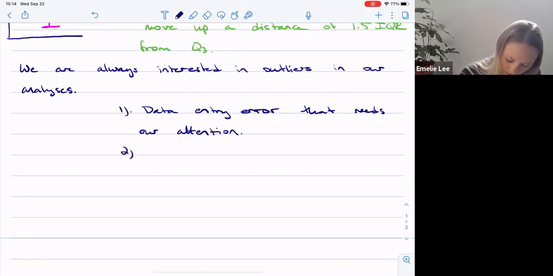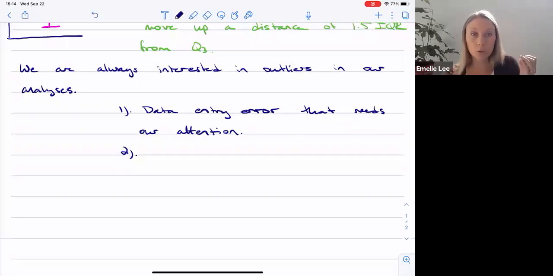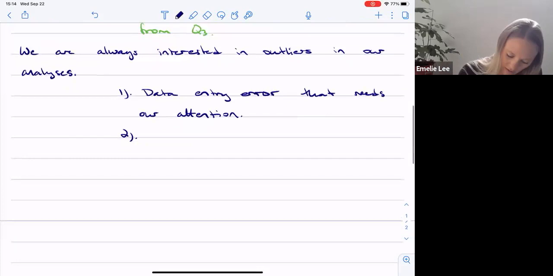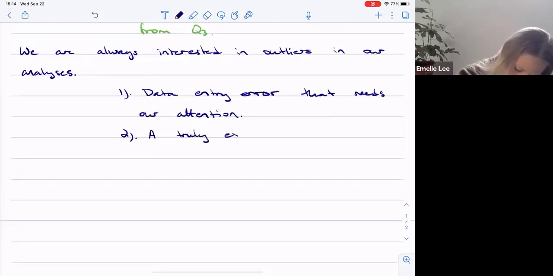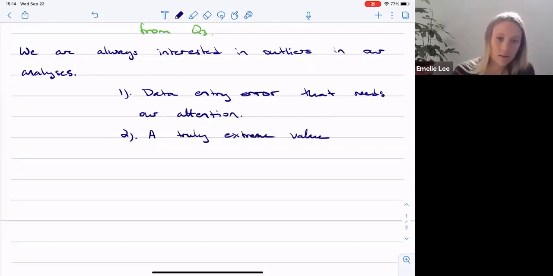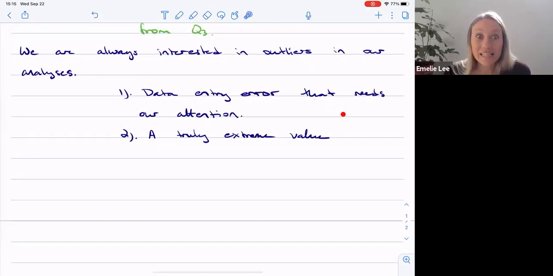But the other option is that it is a truly extreme value, right? A truly extreme value that we want to, I'm trying to not say that needs our attention.